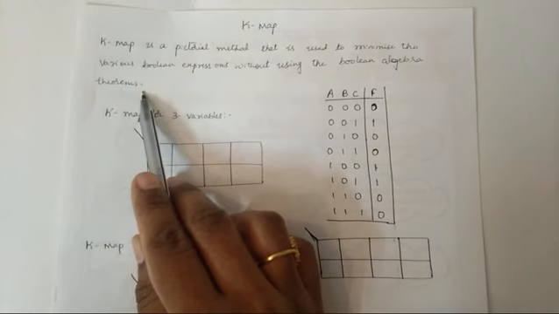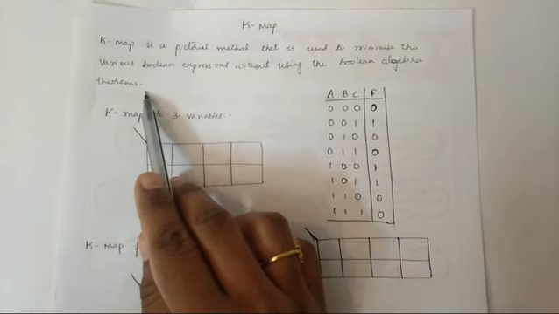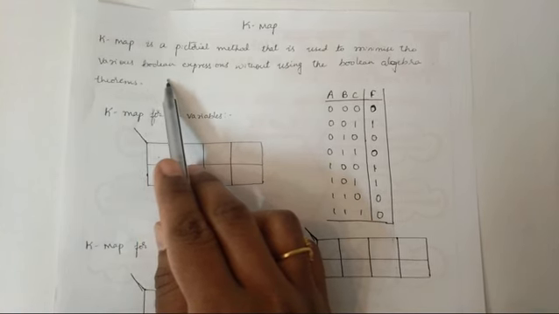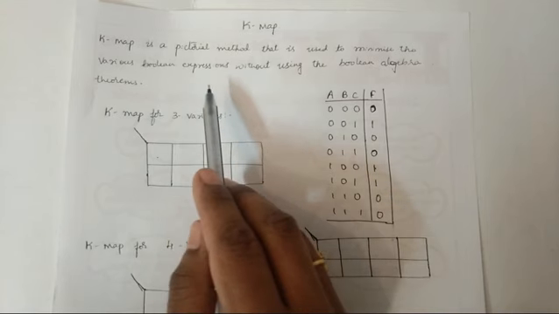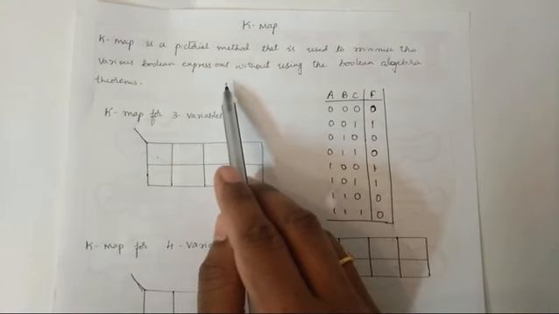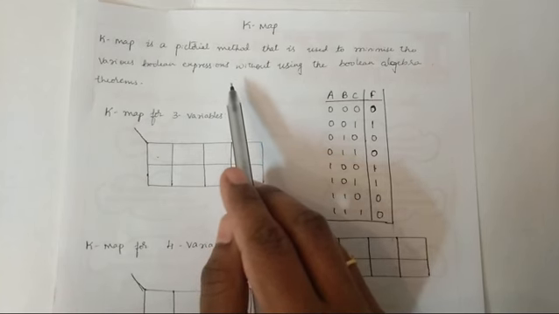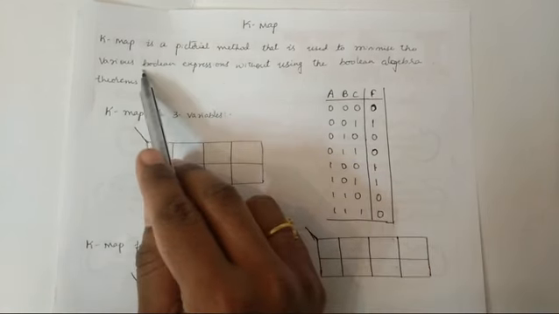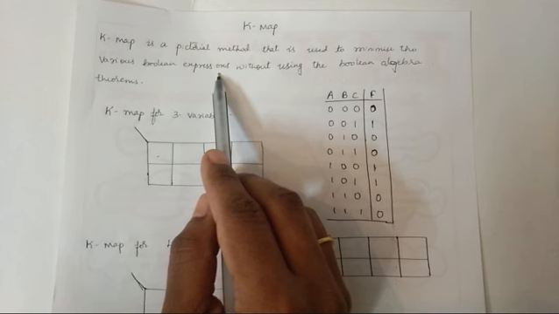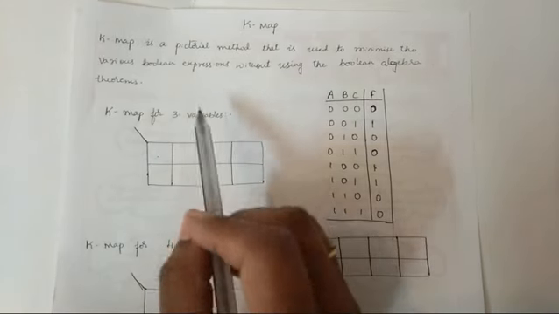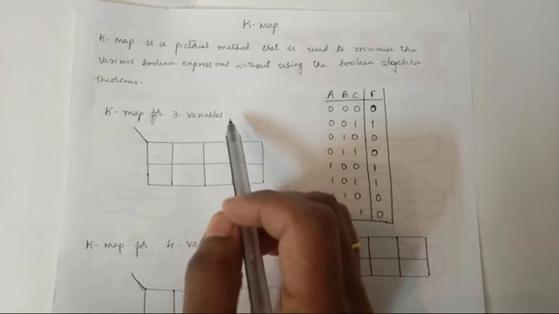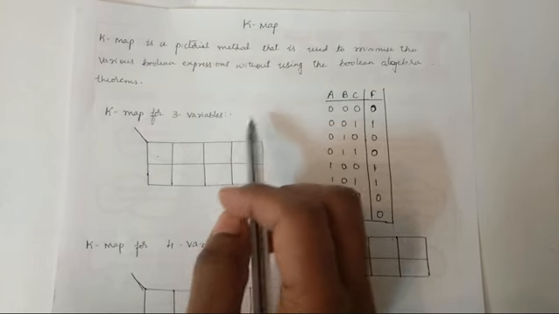Meaning we were using many theorems. I have already listed 10 properties or postulates and theorems. So we were using those postulates and theorems to minimize any Boolean expression. What were those theorems? It could be x plus x bar is equal to 1, or x plus 1 is equal to 1, x into 0 is equal to 0.